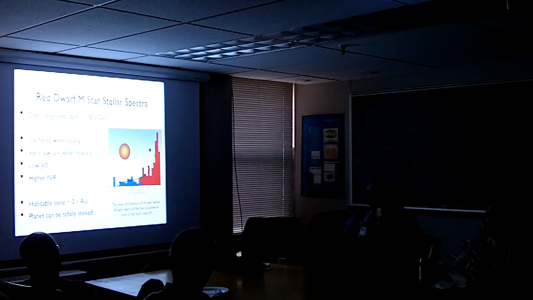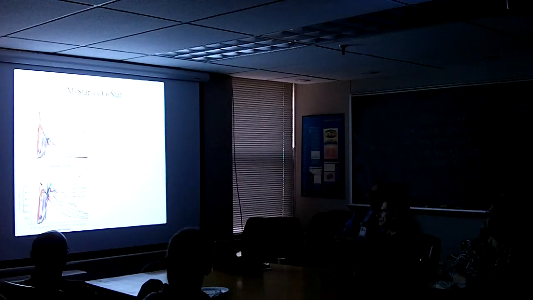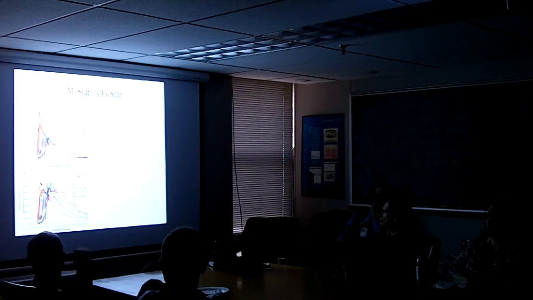So that's the background. Now just some idea of what the stellar spectrum looks like. On the top, I have the equivalent top of the atmosphere incident radiation for a planet in the habitable zone, with about the same solar constant that the Earth gets, for the Sun, and then for an F star, K star, and a few different M stars of different temperatures.